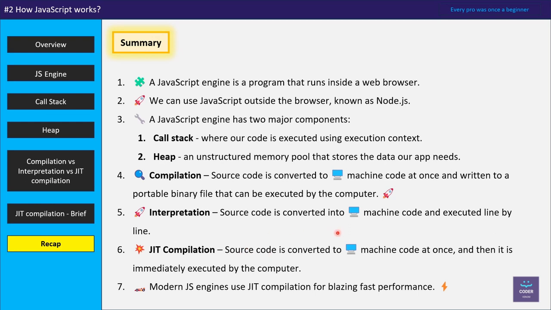Every piece of code is converted into machine code at once, then it will execute immediately. It will not execute line by line. So JIT compilation is a combination of compilation and interpretation. If it's not clear, just watch this session again. But I saw most people saying JavaScript uses the interpretation method. If you notice someone saying this, just forward this video so that they can learn.